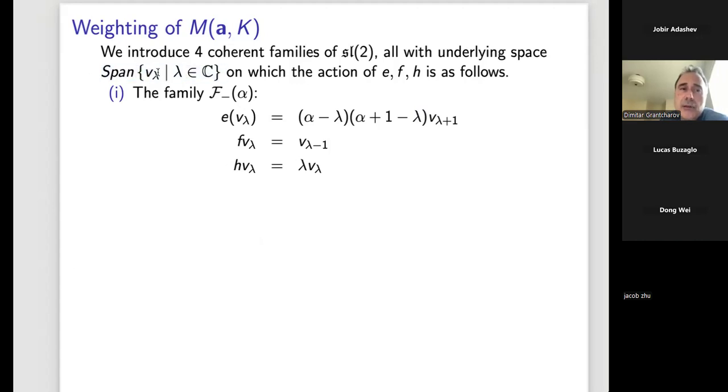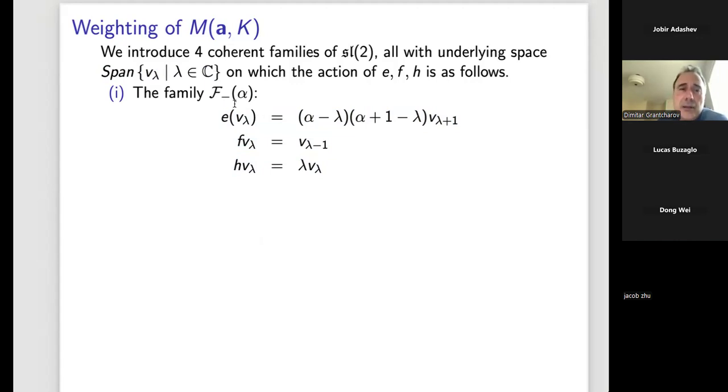You can see V lambda is like a space parameterized by a complex number. So, for example, if you take lambda to be integer, this will be a submodule of the whole family. So the family contains a lot of modules. So it's like a direct sum of modules, and this direct sum is uncountable.